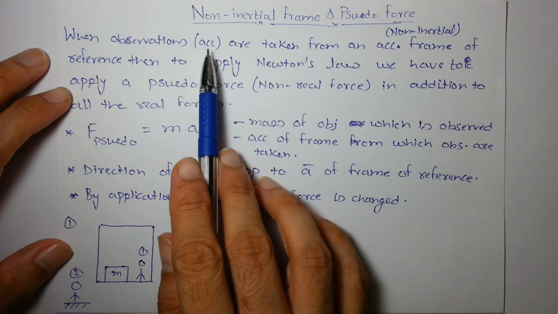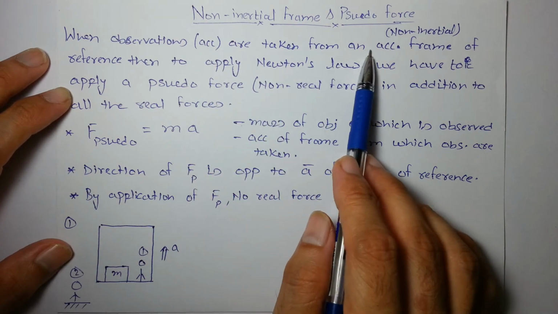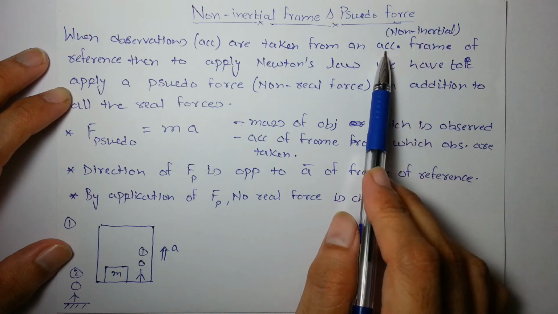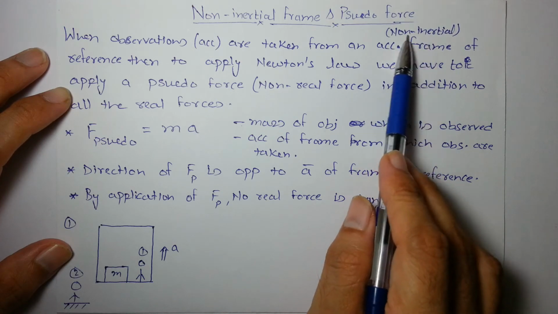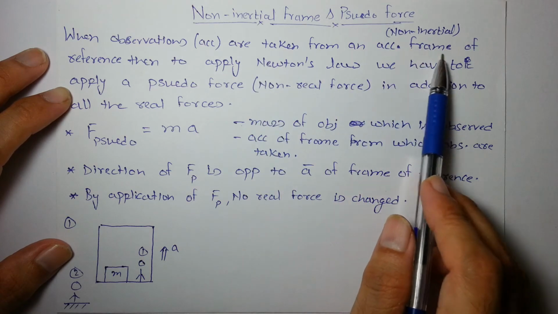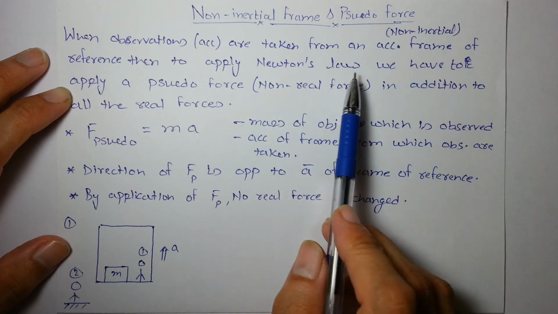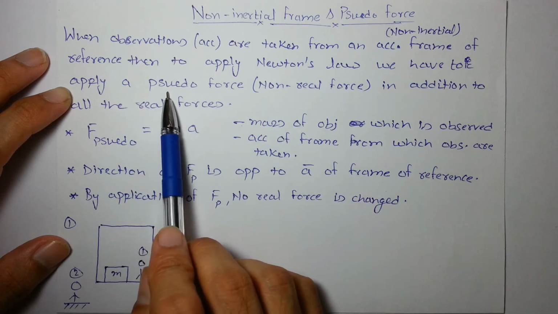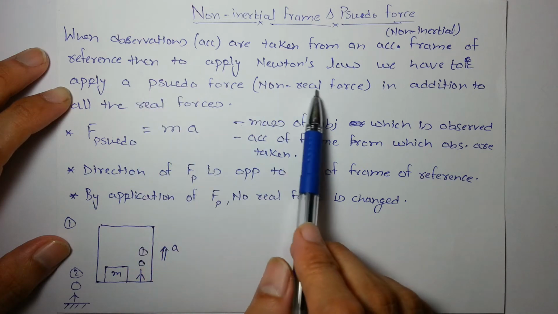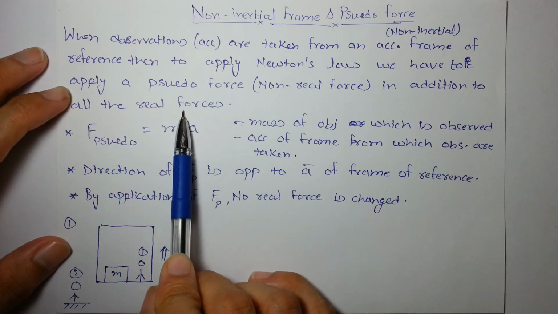When observations, basically observation of acceleration, are taken from an accelerated frame, which is also called a non-inertial frame, then to apply Newton's laws, we need to apply an additional, non-real force called pseudo force, in addition to all the real forces.